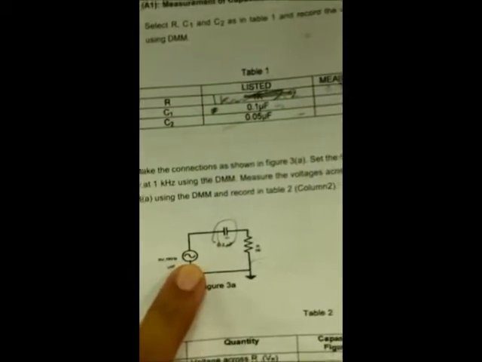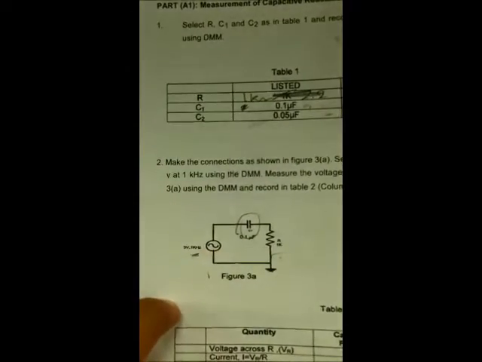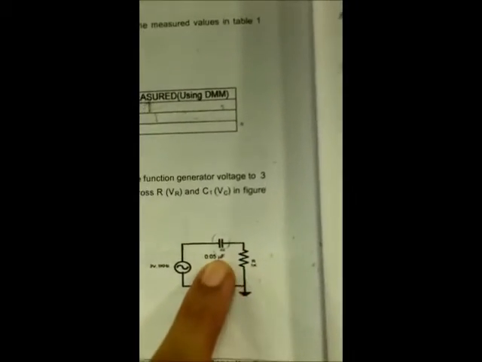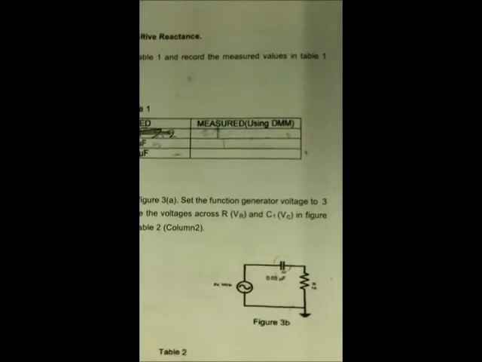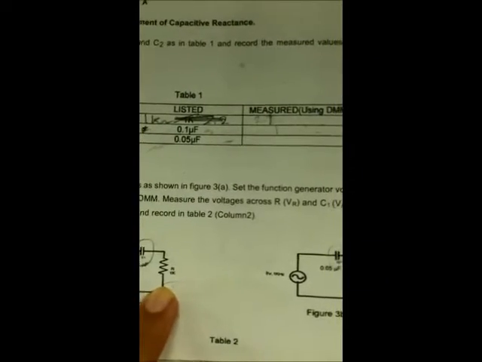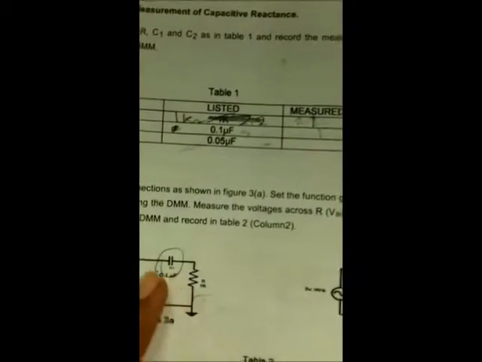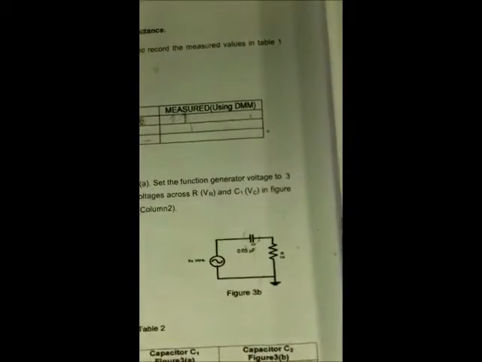Experiment number 9, which is about measurement of capacitive and inductive reactances. So we have here this circuit, number 1, and this is another circuit with different capacitance connected to the same resistance, and we will measure the capacitive reactance of this circuit and this circuit.